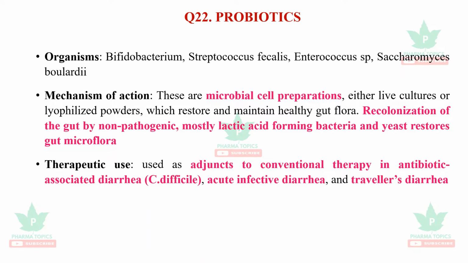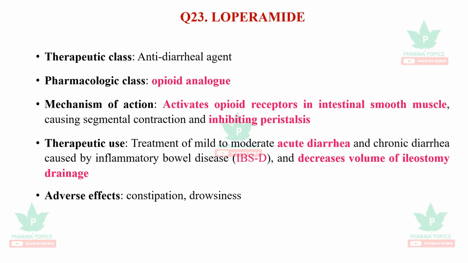It can cause a recolonization of the gut by non-pathogenic, mostly lactic acid forming bacteria and yeast, restoring gut microflora. These probiotics are used as adjuncts to conventional therapy in antibiotic associated diarrhea, that is Clostridium difficile infection, acute infective diarrhea, and traveler's diarrhea.